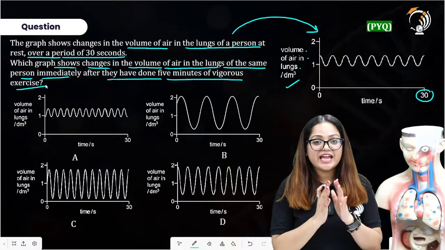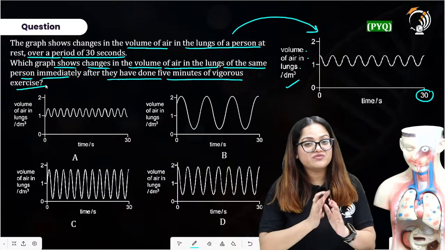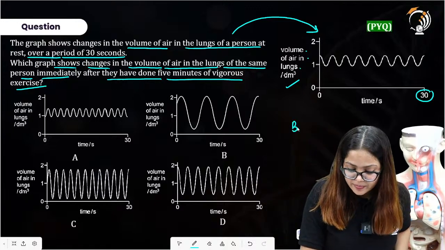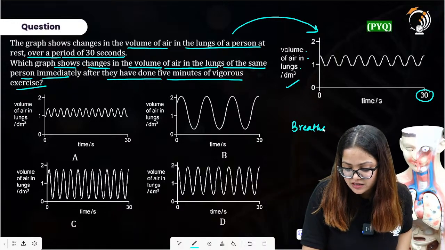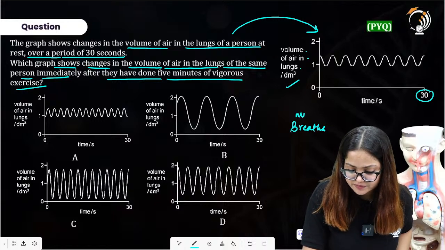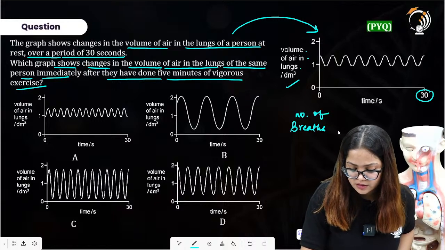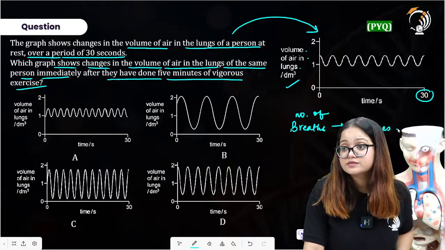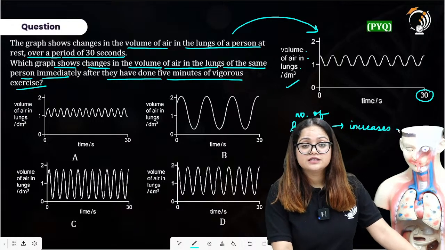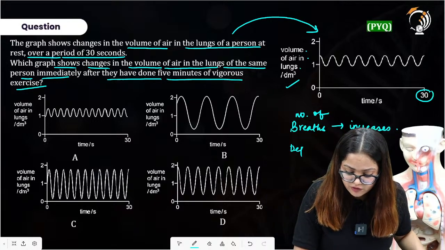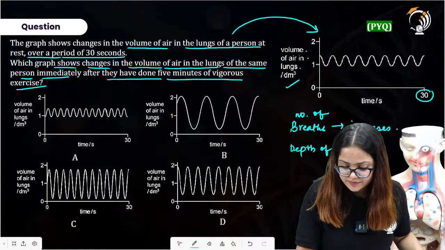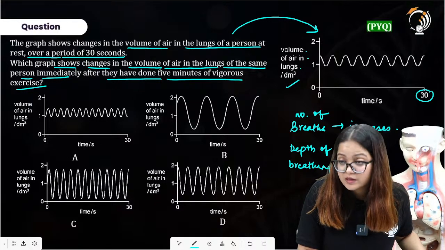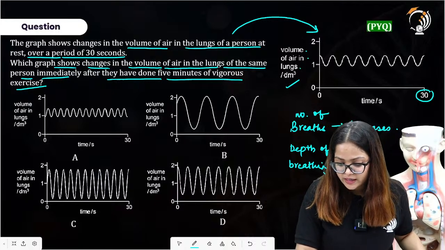What actually happens when the person is performing vigorous exercise? There were 2 pointers. The number of breaths increases and depth of breathing also increases.